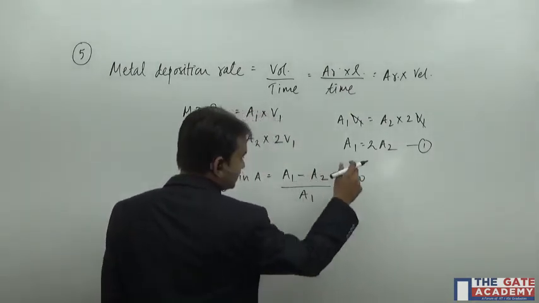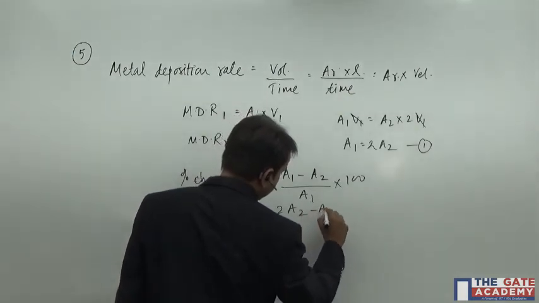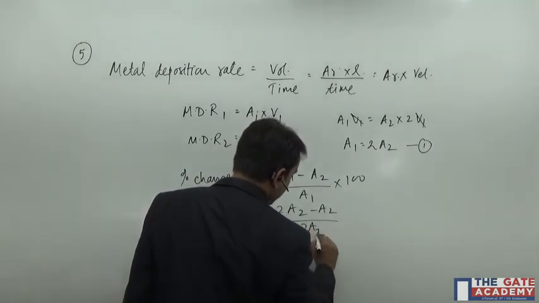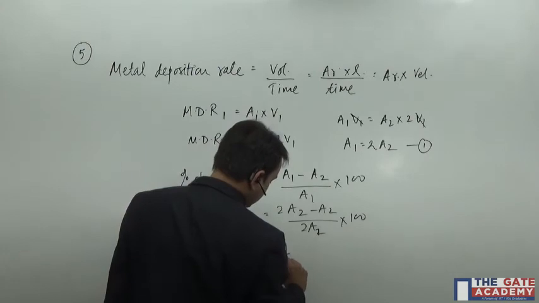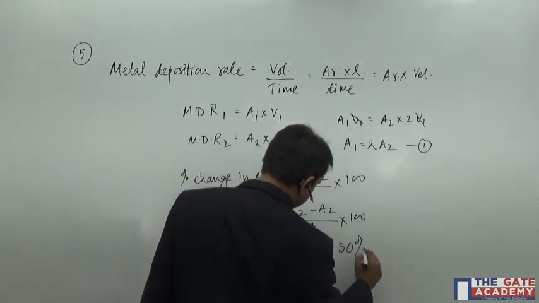And A1 is nothing but 2A2, and minus A2 by A1 is again 2A2 times 100. So you will see that it is 1 by 2 into 100, around 50%, right?